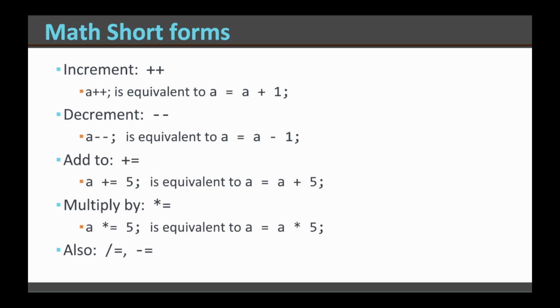Now plus equals, that's an interesting one. This is actually pretty handy to use in the update part of your for loops. A plus equals 5 is the same as a equals a plus 5. A little syntactic sugar. And you can do minus equals, times equals, divide equals. All of them work in this case.